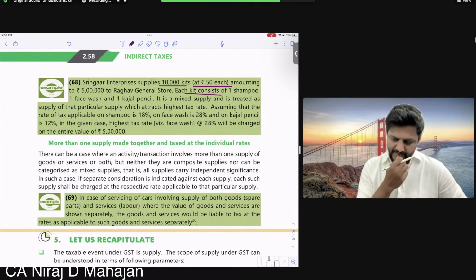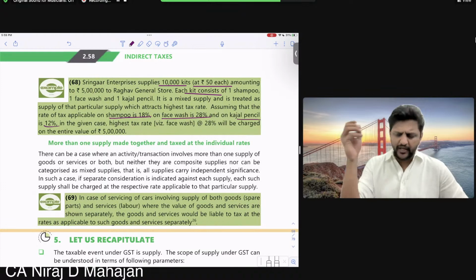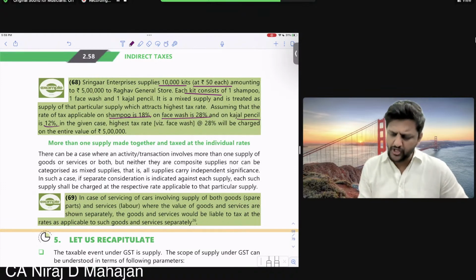Now look at the rates. What will be applicable? Highest rate. Shampoo 18%, face wash 28%, kajal pencil 12%. Then on the entire amount, we are going to charge 28% rate. Understood, everybody? Clear? Because it is a mixed supply.